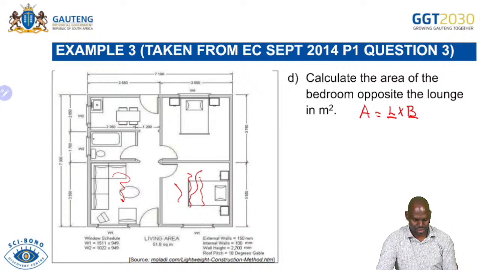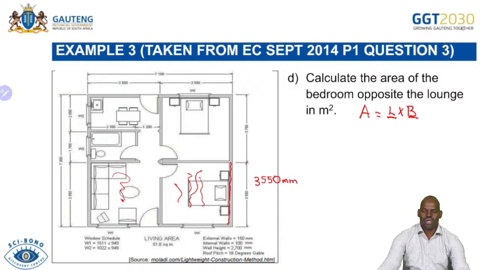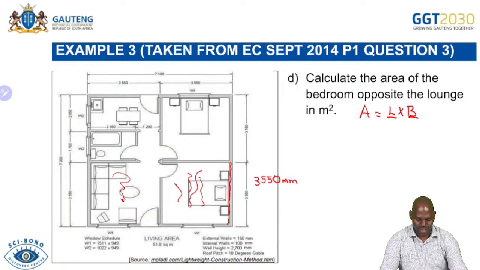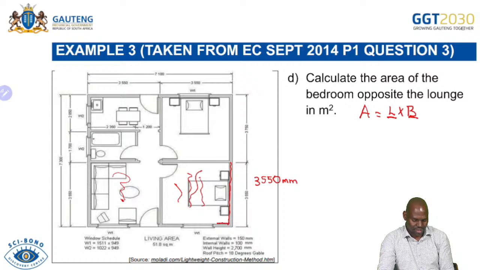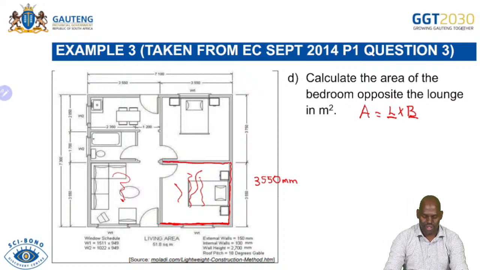Okay, let us look at this. We've got this side indicated, so it's about 3,550. And remember, this is indicated in millimeters. Now we have to look for the length of the other side. It's either this one or the other one, but it's not indicated there.